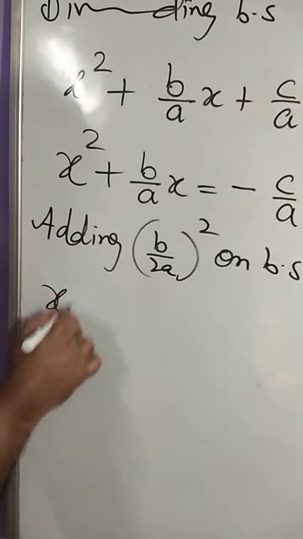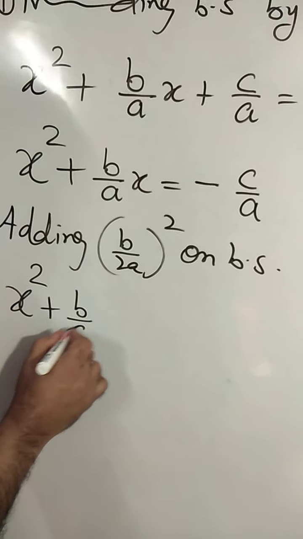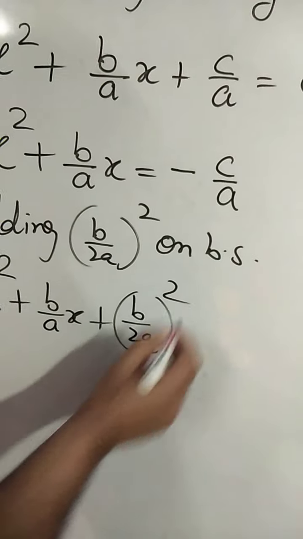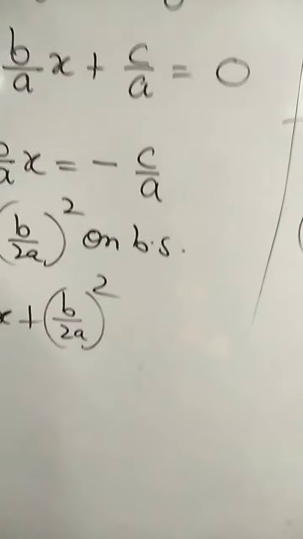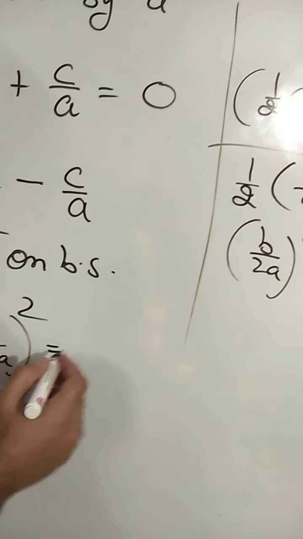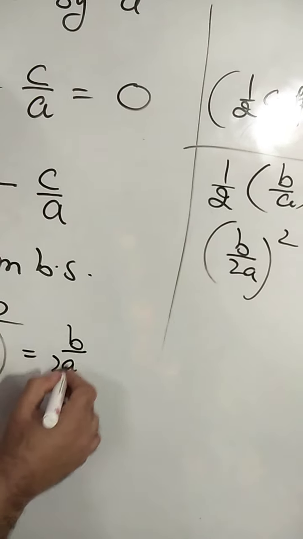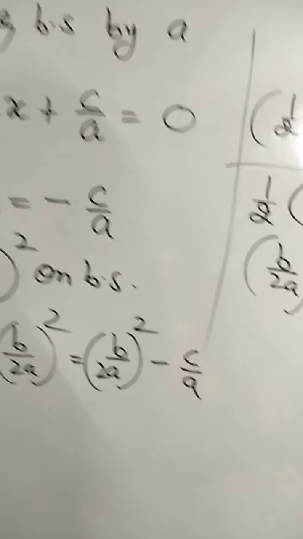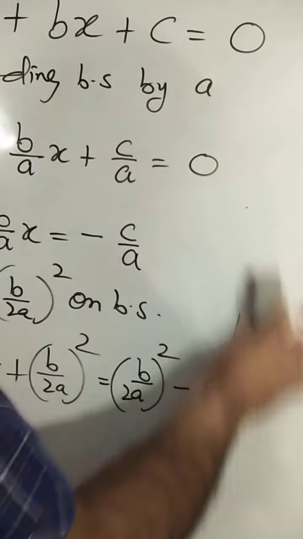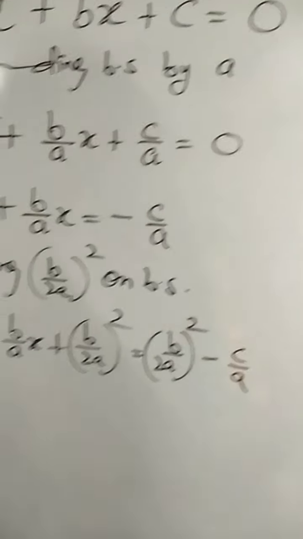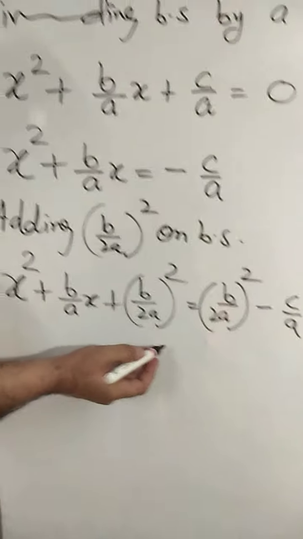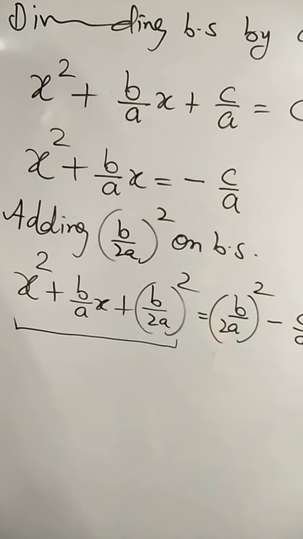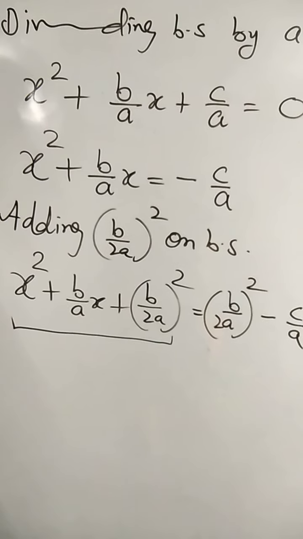So now x square plus b over a x plus b upon 2a square. We add this term in the form of a square, remember. So here b over 2a square, minus c over a. What we have done, we have added this term b over 2a whole square on both sides. And you know one thing now, after adding this term, the square is completed in the left hand side.